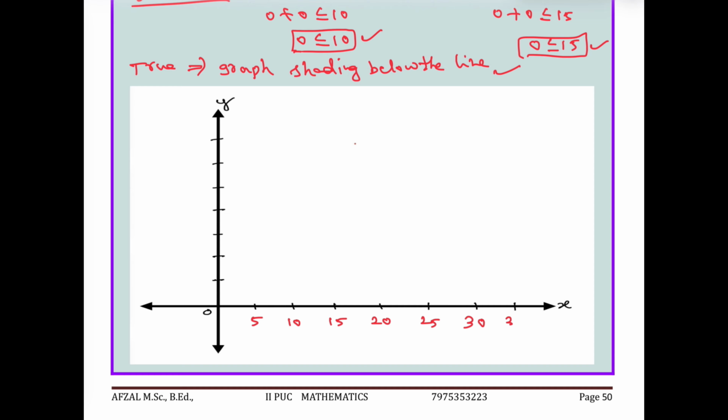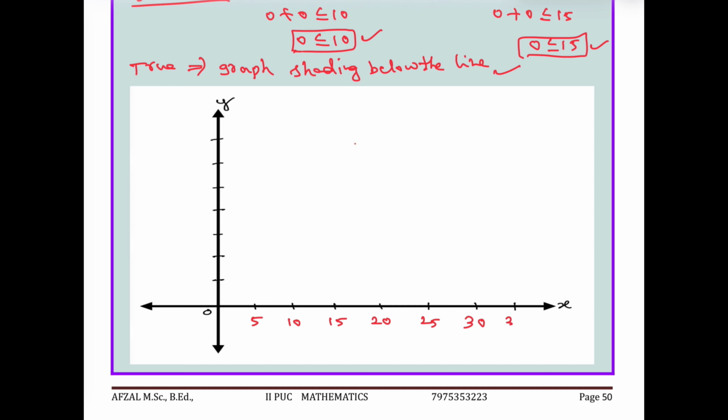Then one more test we have to do, that is the 0 test. For the first constraint, x plus 2y less than or equal to 10. That means 0 plus 0 less than or equal to 10. 0 less than or equal to 10 is true.